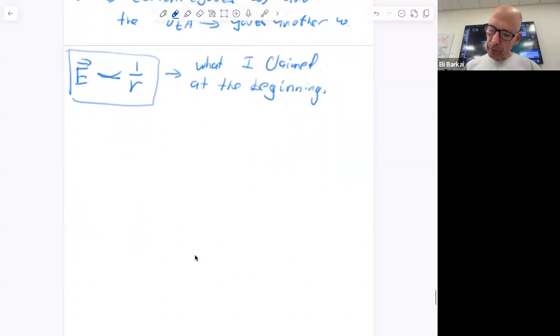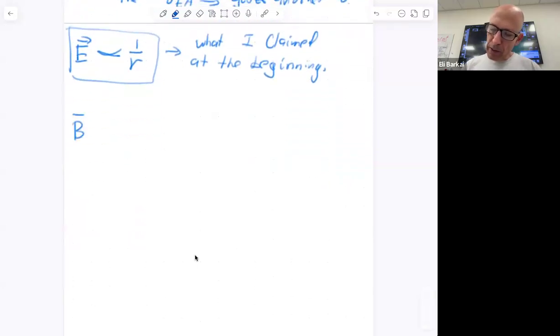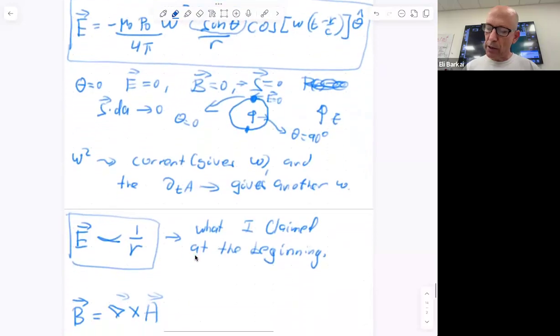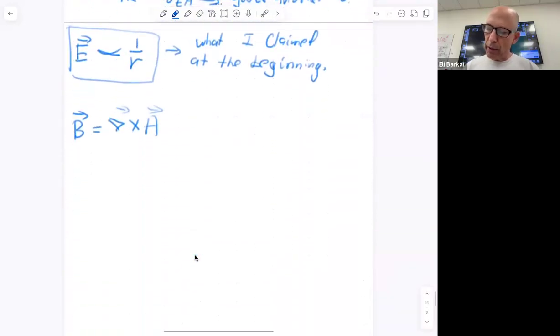What is B? By now, it's not so surprising. Well, first of all, it is rotor A. I'm not going to solve this rotor A because you solved rotor A in many parts of this course. You know how to take the rotor A because I gave you A. In principle, you can do this exercise using spherical coordinates. It will give you something which you can guess. Maybe you cannot.